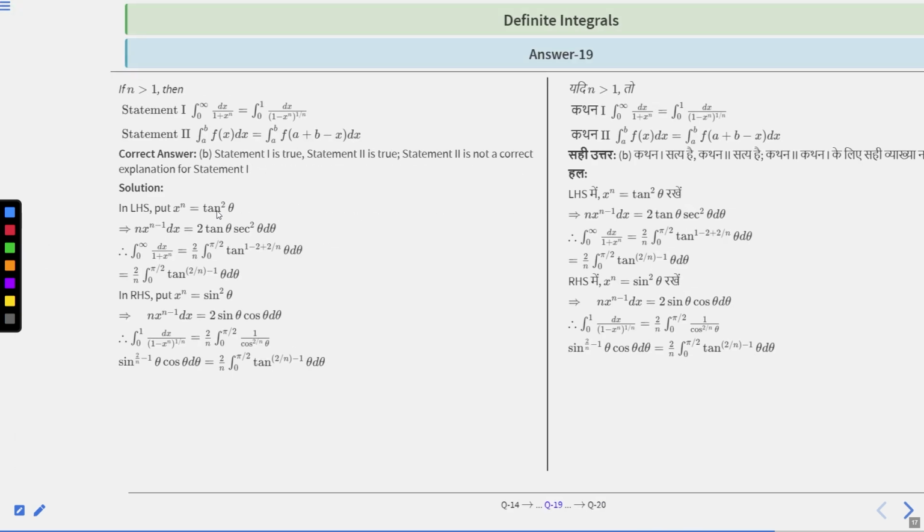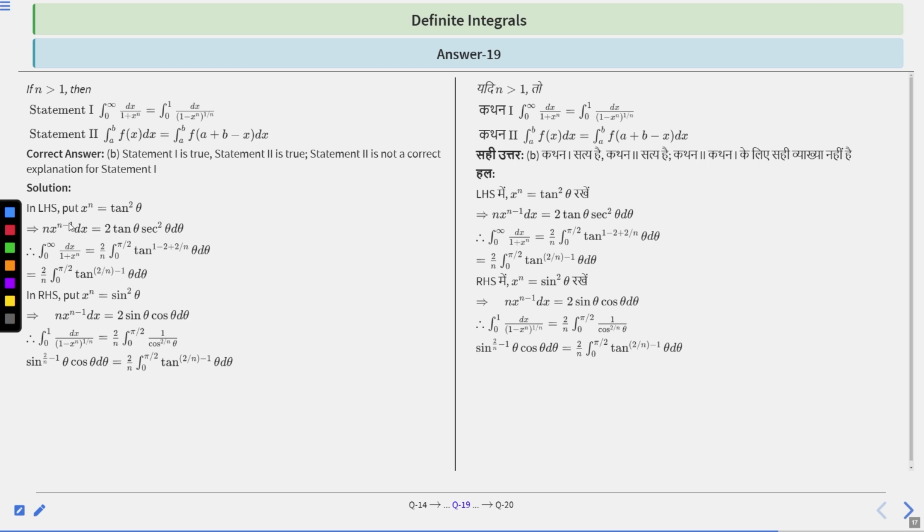Okay, let's move to the solution part. In LHS, you can put x to the power n as tan squared theta, right? Therefore, n x to the power n minus 1 dx is equal to 2 tan theta sec squared theta d theta. So after integration from 0 to infinity, 1 dx upon x to the power n can be written as 2 by n integration of 0 to pi by 2, right?